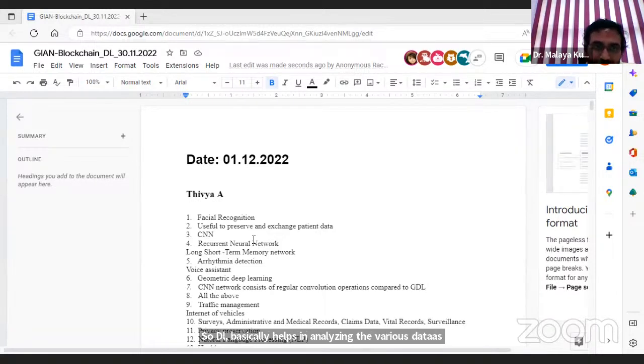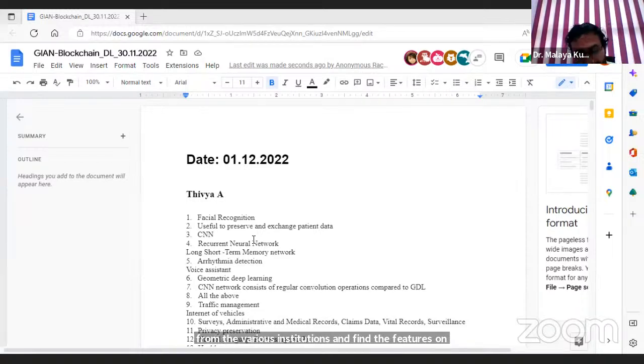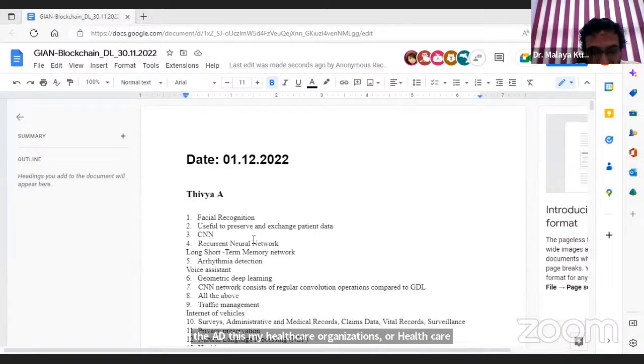As the healthcare sector is collecting the data from various organizations, the blockchain provides a decentralized setup and security, and that can be used for deep learning. So this is how robustness can be achieved in the healthcare sector by using blockchain as well as deep learning.